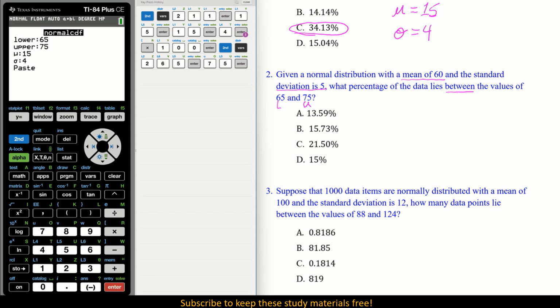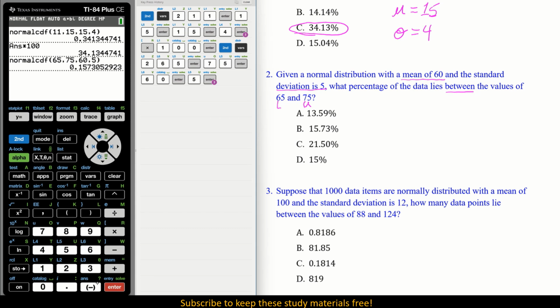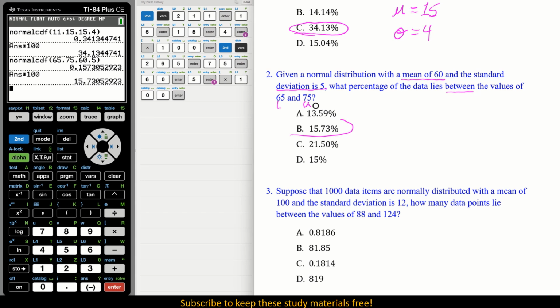Our mean is 60, and our standard deviation is 5. Remember, we have to push enter a couple of times. To get an actual percentage, it's times 100, push enter, and now we can round, and option B is the correct percentage. All right, let's keep going.